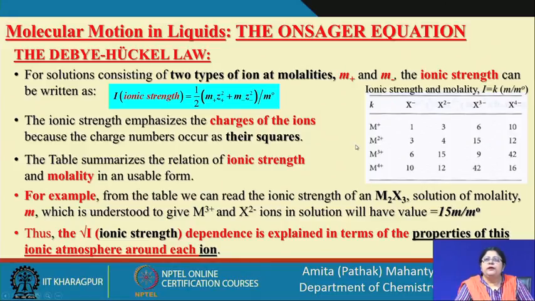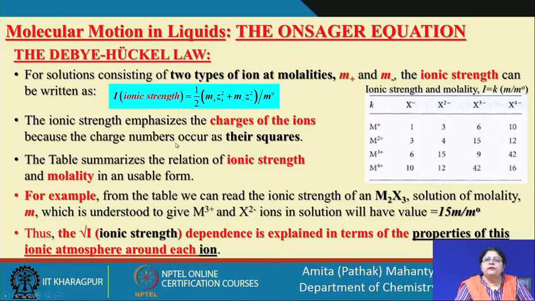I have M3 and corresponding to the anion X2 minus. So, this is my factor, which I get as 15. So, 15 into the molality of the solution, whichever electrolyte we have. If we know that, then we can apply that here and find out the ionic strength. Okay. So, the relation between ionic strength and molality can be used for various types of electrolyte.